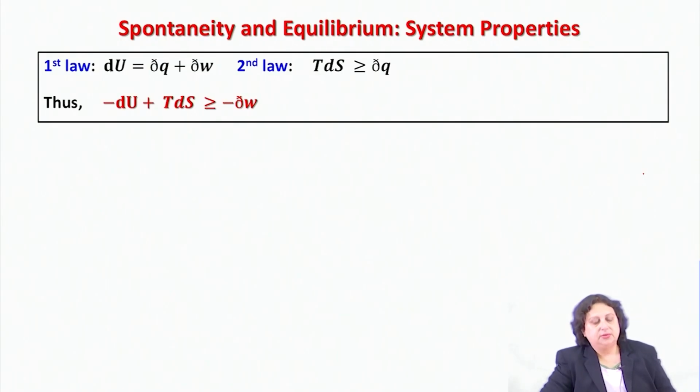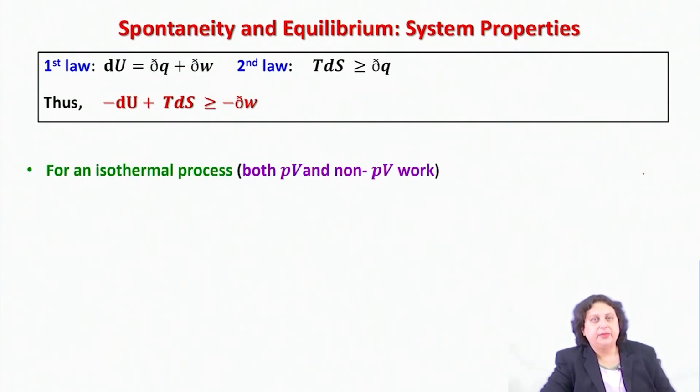Now, let us talk about the second situation where you have an isothermal process, but where it is possible to do both pressure volume and non-pressure volume work.